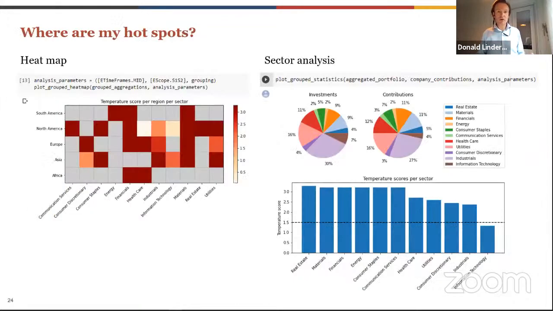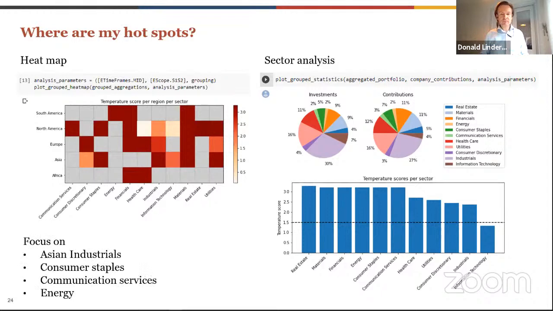Well, first we need to know where my hotspots are, and one way of getting to know that is obviously to look into a heat map and do some sector analysis. And what we see from here is, for example, that the Asian industrials stand out in our heat map because they are quite different to the European and North American industrials. So we may have an issue there that we can maybe address.